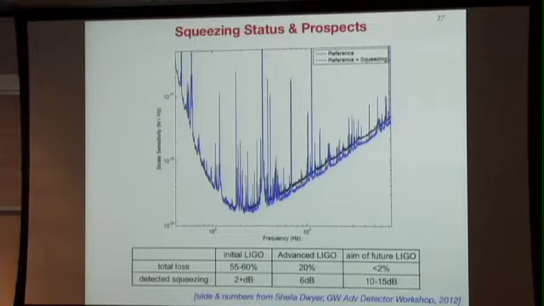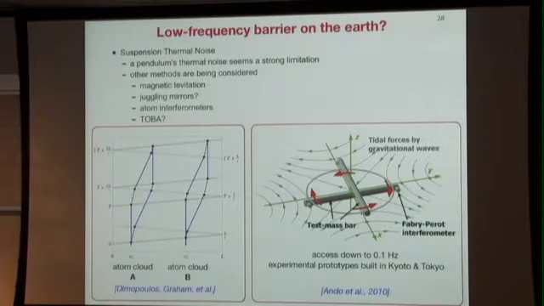Let me mention the constraints of gravitational wave detection on the ground. I think there are basically 2 issues. One is how do you actually hold your test mass? If you have a suspension system, a pendulum, and you want to detect below 1 hertz signals, how long does your pendulum have to be?